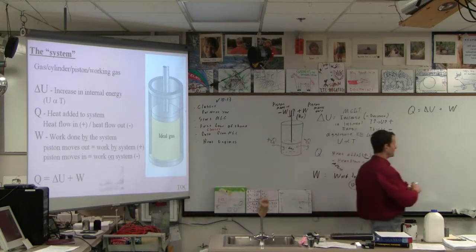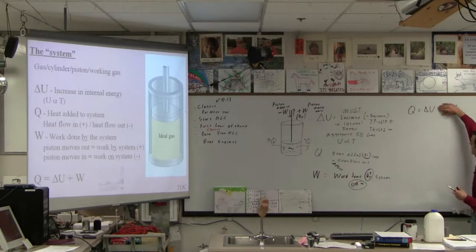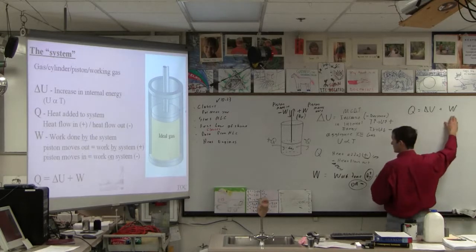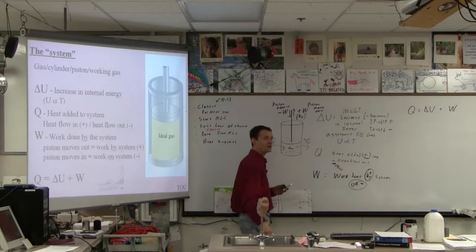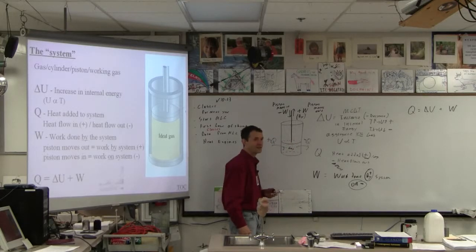So basically, if we take this away, it's just Q equals MC delta T, right? But if we allow it to do work, then things get a little more exciting. Heat could flow in, and we could let the piston move out, and the choo-choo train can go forward, yes? That's at least somewhat exciting, isn't it?